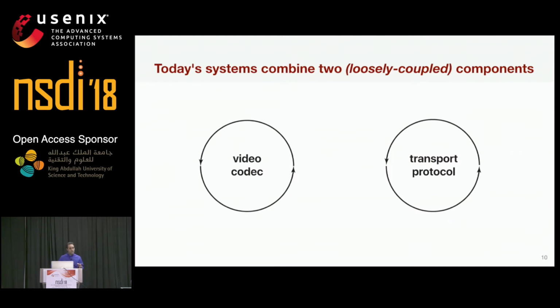So in general, real-time video systems combine two components. The first component is the video codec, responsible for compressing or encoding the video. The second component is the transport protocol, responsible for sending that compressed video over the network, processing acknowledgments, probing the network, and things like that.